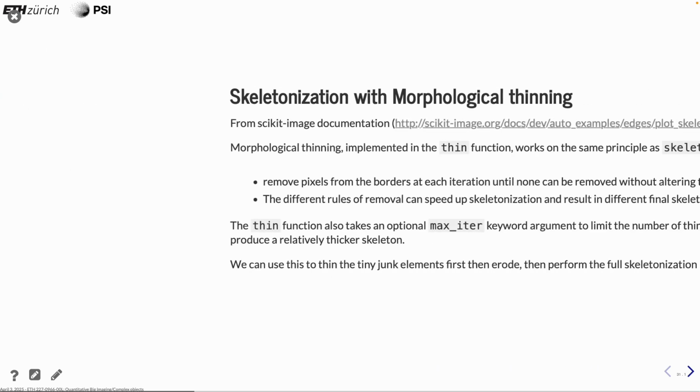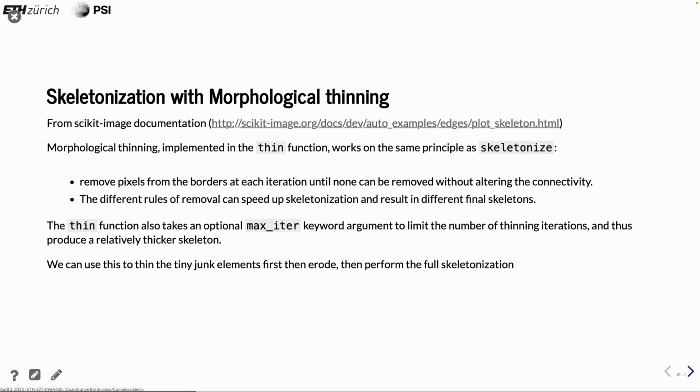So now we want to do some cleaning, and actually skeletonization is such a well-used task that there are many algorithms for doing it, and they are available in scikit-image, in OpenCV, etc. So you don't have to implement this. It was just now to show the principle of it.